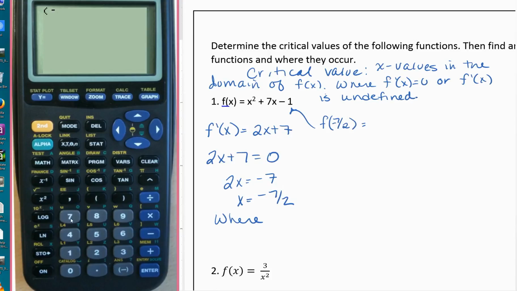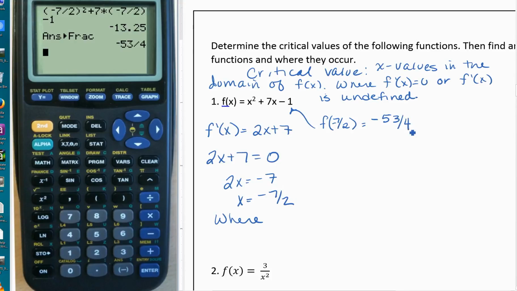So we want negative 7 halves squared plus 7 times negative 7 halves minus 1. Okay, so our function value is negative 53 over 4.